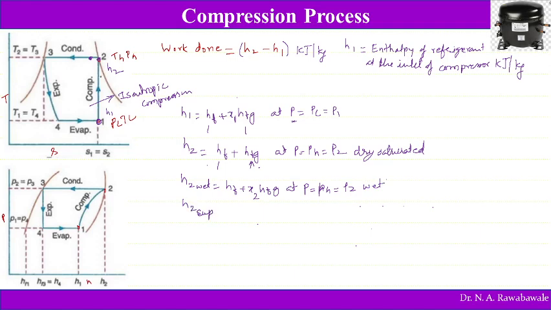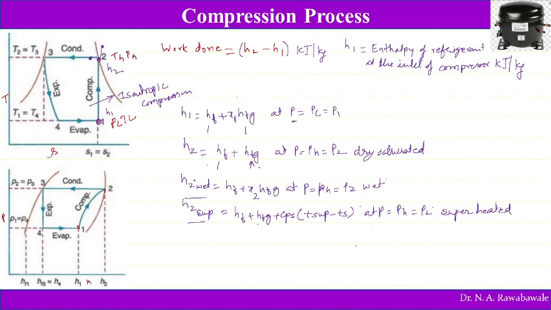If this refrigerant, instead of compressing to the wet region, is compressed into the superheated region, then it is taken as hf plus hfg plus Cps times (T sup minus Ts). Again properties are taken at P equal to the higher pressure PH, that is pressure P2, when the refrigerant is superheated. So when the refrigerant is superheated, at that time we take this third equation.